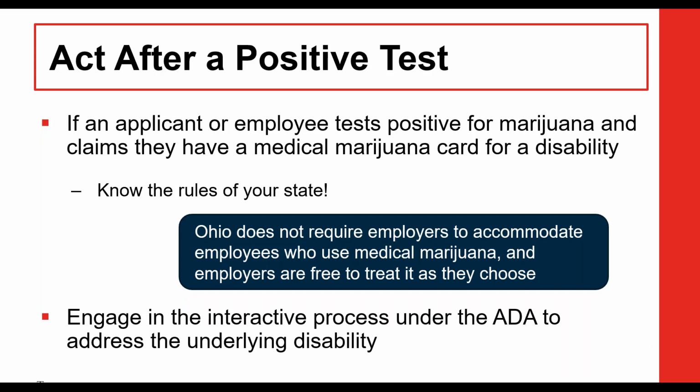Like I said, in Ohio, that first step would say, hey, listen, Ohio doesn't require accommodations. But it's still important to think about, what does our policy say? Have we made any representations that we're going to be engaging in the interactive process to address the underlying disability? Or has our conduct in the past with other employees who have brought up similar issues, are we going to treat this person consistently with that past conduct?